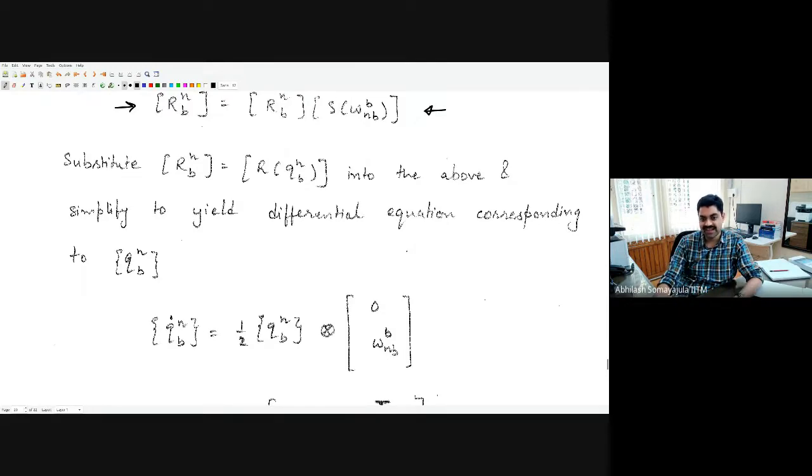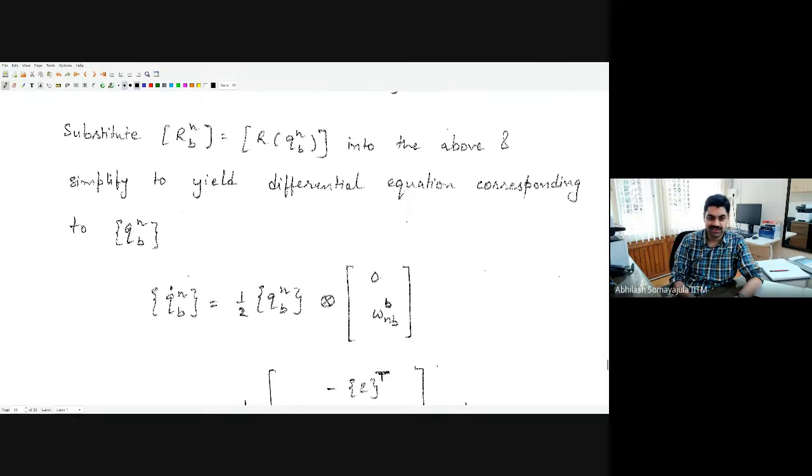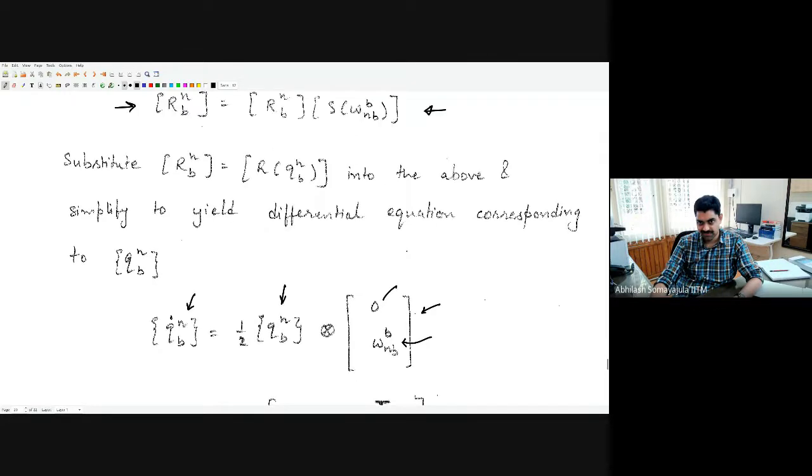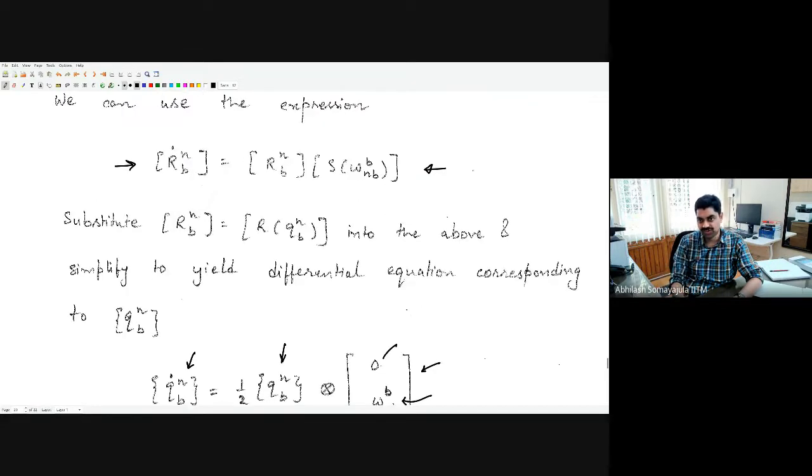So in essence, what I get out of it is the derivative of the quaternion can now be expressed as some quantity which depends on the quaternion itself, taken as a product of this quaternion times another quaternion whose components are 0 and body fixed angular velocity. The idea is that we use this expression and we substitute R_BN in terms of the quaternion.